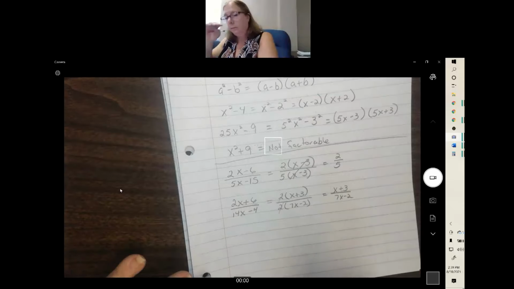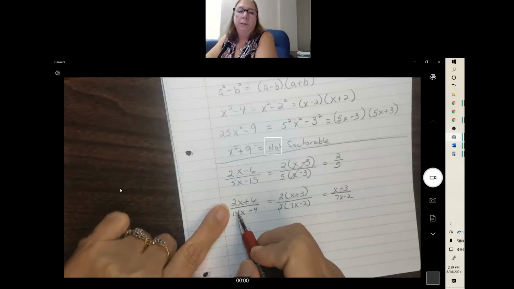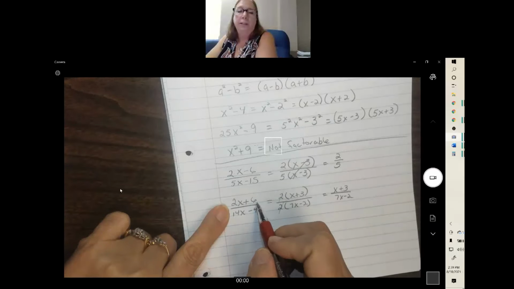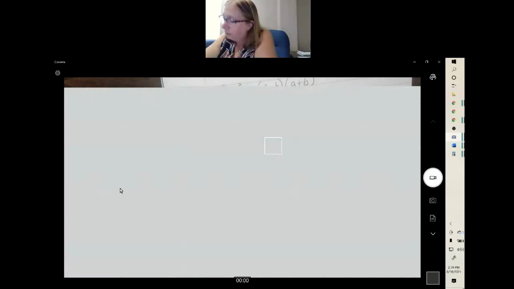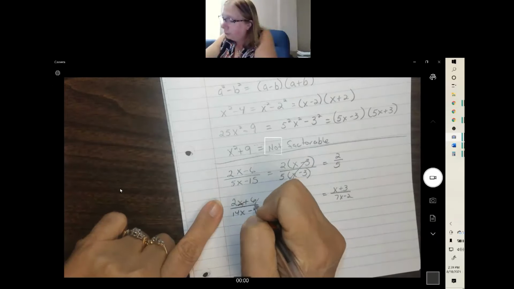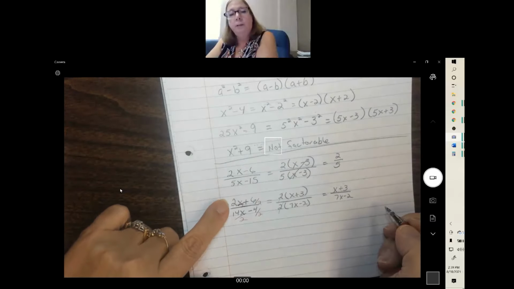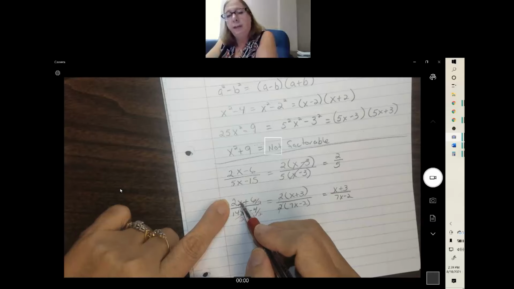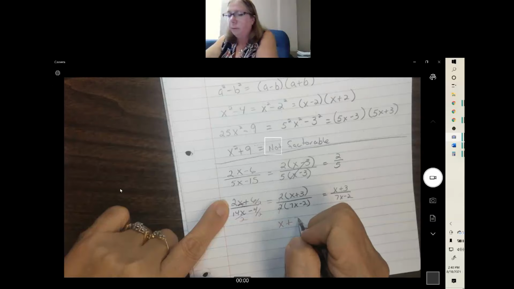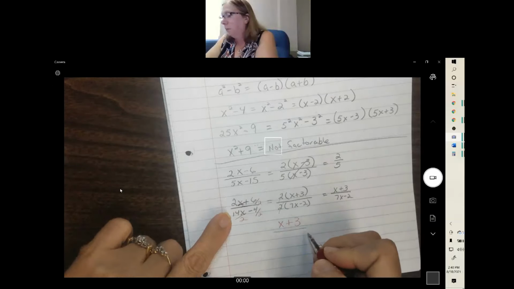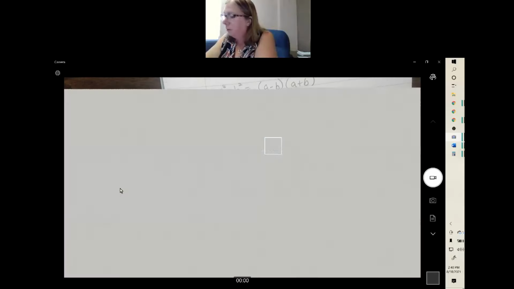Another way of doing that, if you look at all 4 terms, a 2 will divide into each of them. And so then you can just divide each term by 2. So that here the 2s cancel and leave x. 6 divided by 2 is 3. 14 divided by 2 would be 7x.